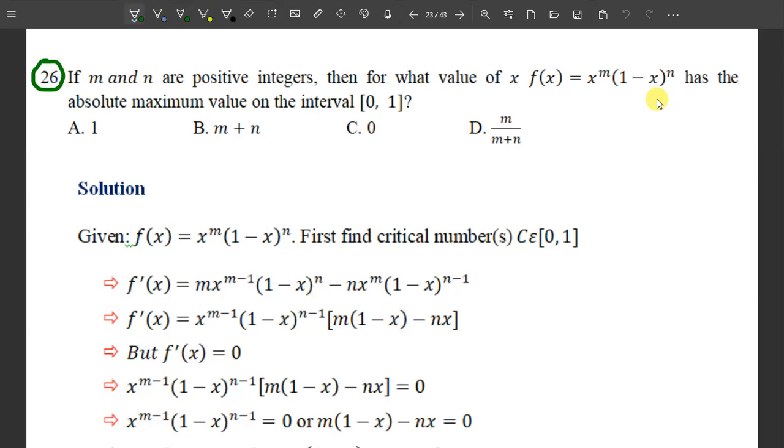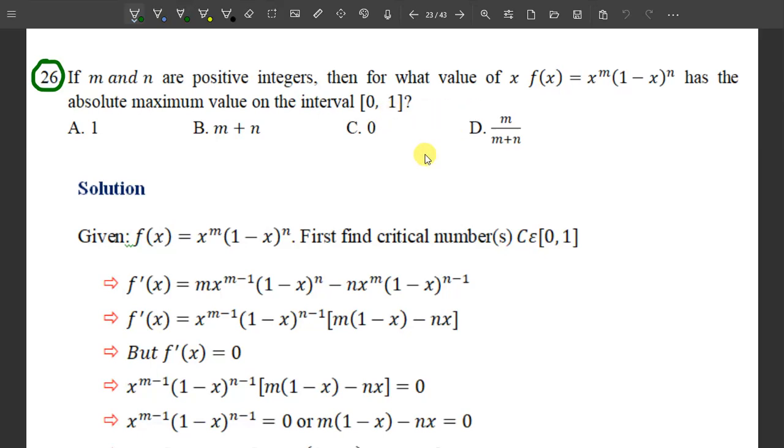For a function which is continuous on a closed, bounded interval, the absolute extrema can be obtained either at the endpoints of the interval, or somewhere in between at the critical number. Therefore, just try the endpoints 0 and 1 first. f of 0 is exactly equal to 0, and also f of 1 gives us 0. So f of 0 is equal to f of 1.